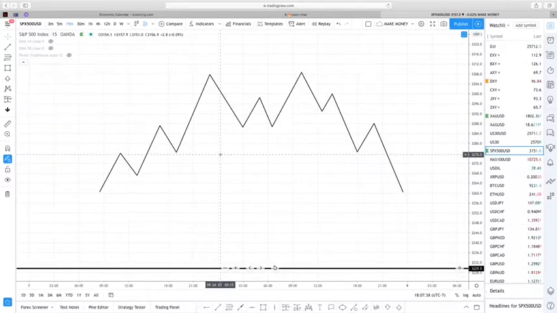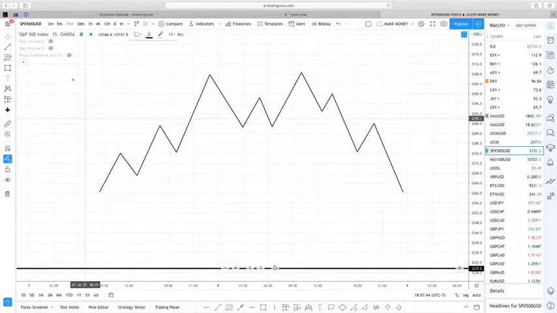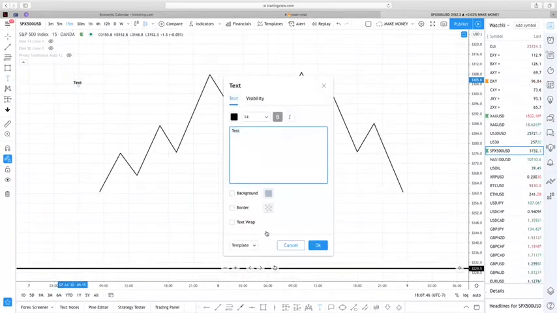So when we're looking at something like this, we're going to go ahead and type this out just so you guys can see. Your higher highs are going to be represented by the HH, and I'm going to put equals, not a plus sign, man, equals higher highs.